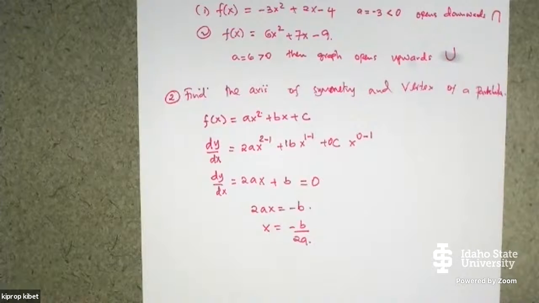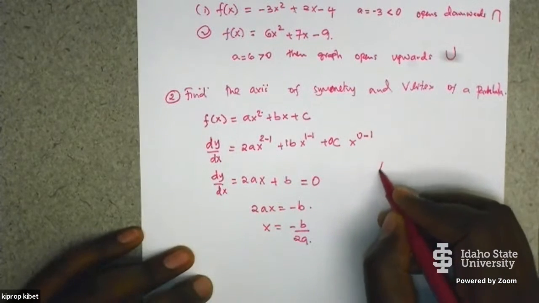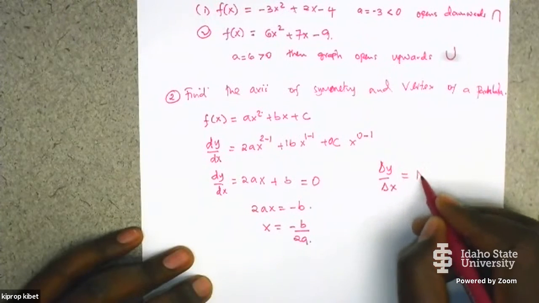If you still remember, change in y all over change in x, we said that one was what? The gradient, right? We did something like that in section, was it section 3 point something? So we said change in y all over change in x is equal to what?